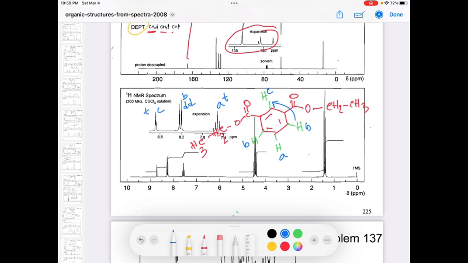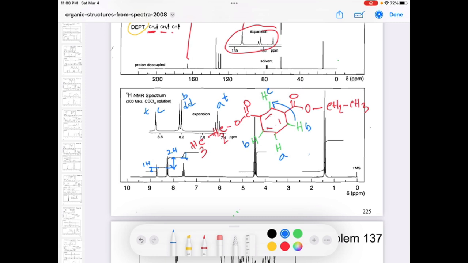And definitely, another thing I forgot to mention: the C proton is for one proton, so the integration value is for 1 proton. The B proton is 2 protons, because on both sides there are 2 protons, so this integration value is for 2 protons. And the A proton also has an integration value for 1 proton.